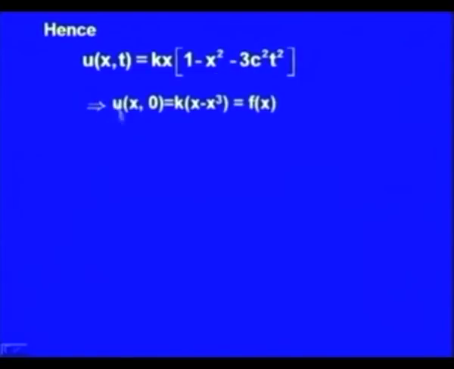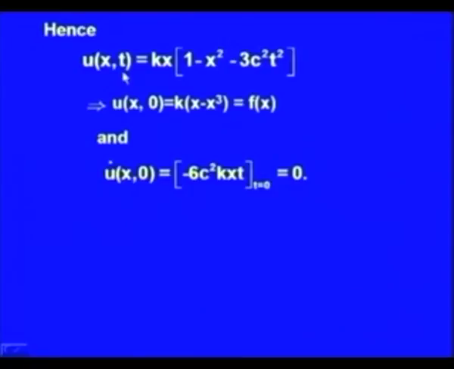Which implies that when you put t equal to 0 here, you get u(x,0) as k times (x minus x cube), which is nothing but the function f(x). So, this solution satisfies the initial condition u(x,0) equal to f(x), and if you differentiate it with respect to t and then put t equal to 0, you get u dot (x,0) as minus 6c square kxt at t equal to 0, which gives the value 0.